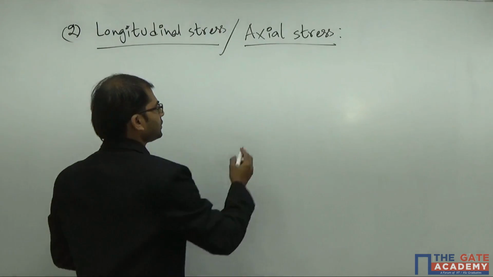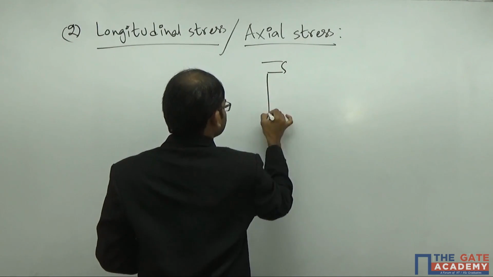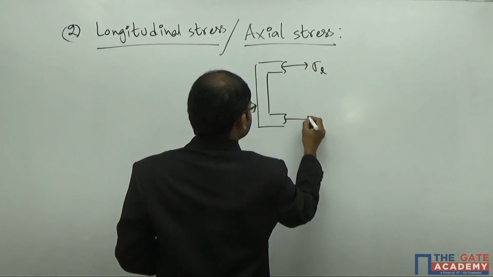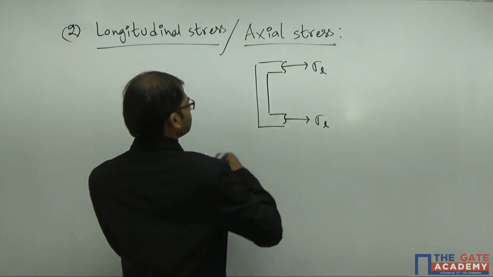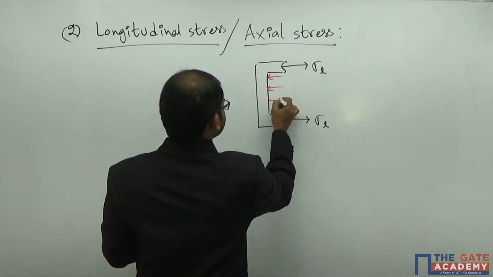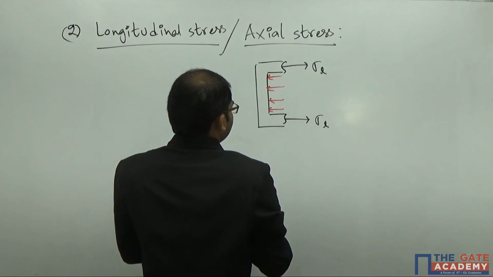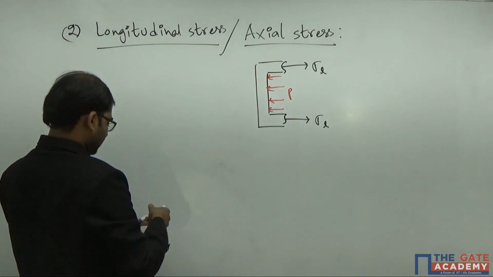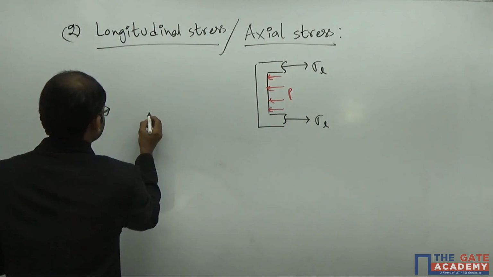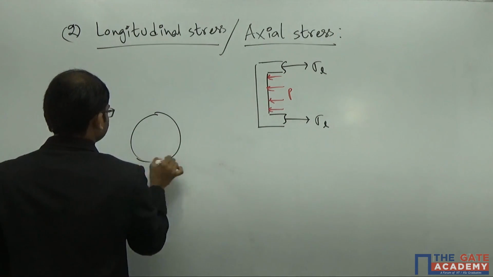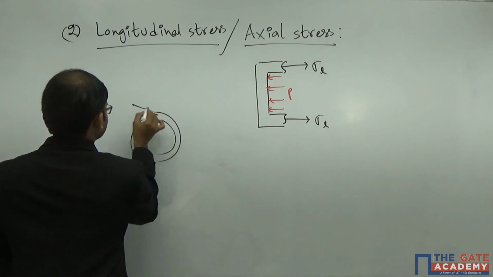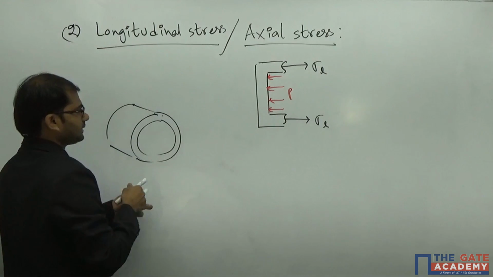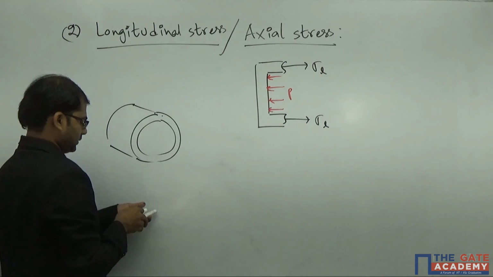So we'll take the particular section. The pressure is acting here. If you take the three-dimensional view of this diagram, we'll get it like this. So sigma L is acting on this circumference.